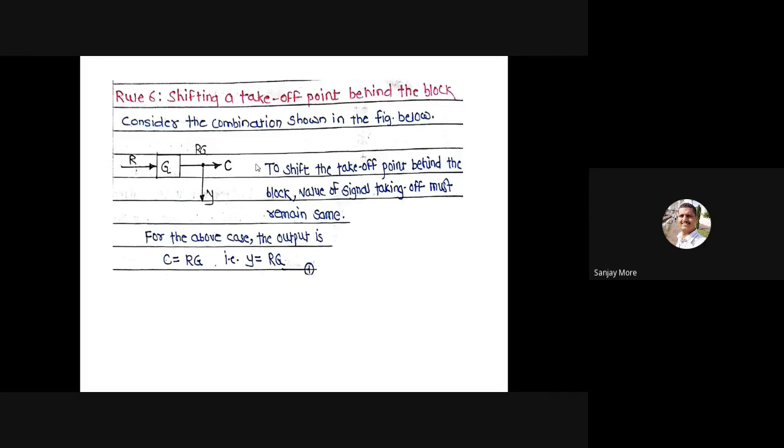Consider or see the block diagram. R, G gives forward R into G, and Y minus. To shift the takeoff point behind the block, the value of the signal taken off must remain the same. For the above case, the output is C is equal to R into G.